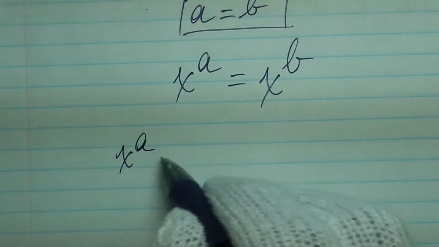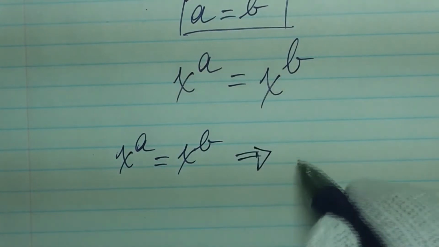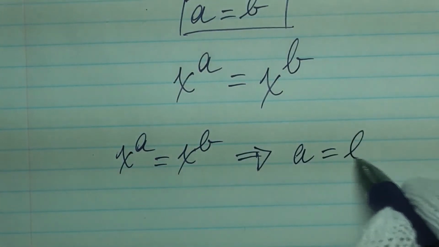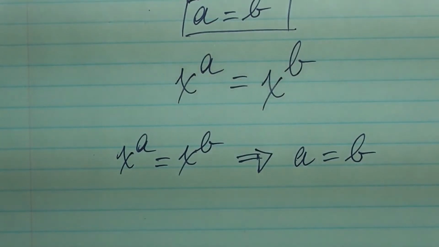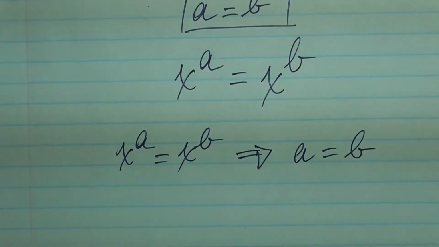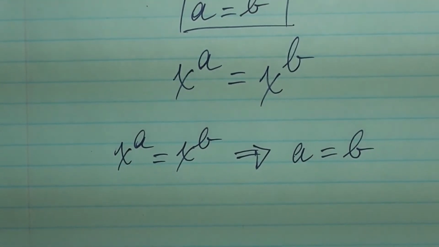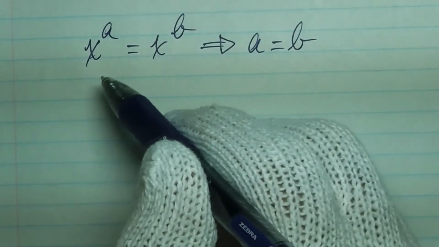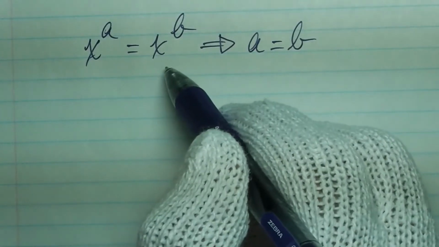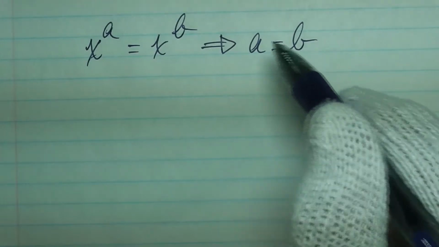If x to the a is equal to x to the b, a is equal to b. So if we have an equation x to the a equals x to the b, that tells us that we can also say a is equal to b.